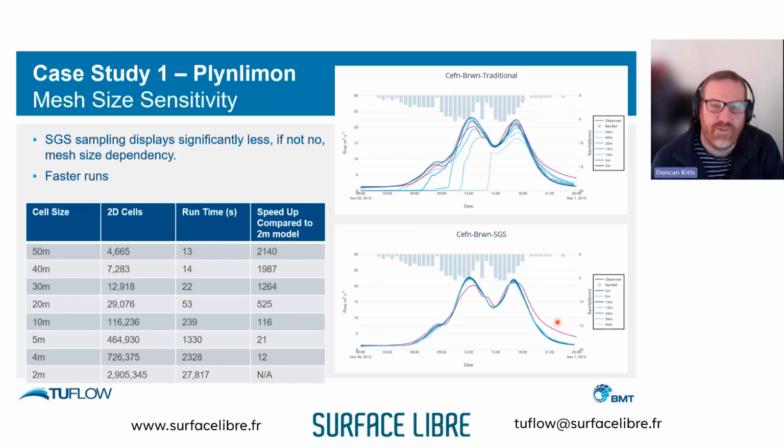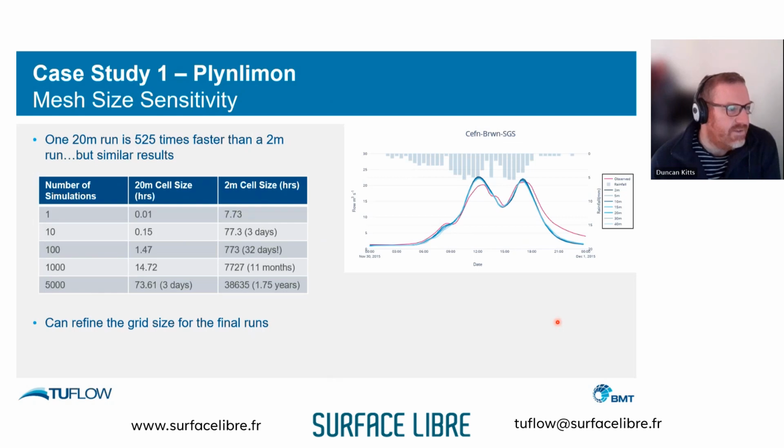And then when we have to refine the cell size for mapping purposes or further investigation, our calibration isn't going to change significantly. If we use a 20-meter run, that's 525 times faster than a 2-meter run, but with similar results. When you start to do the calibration, that adds up.